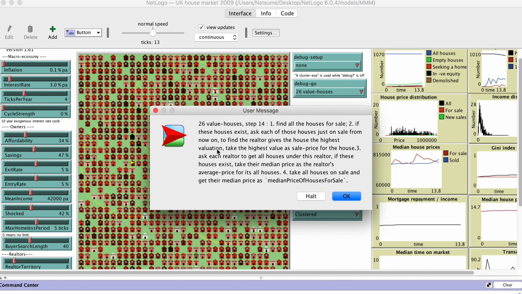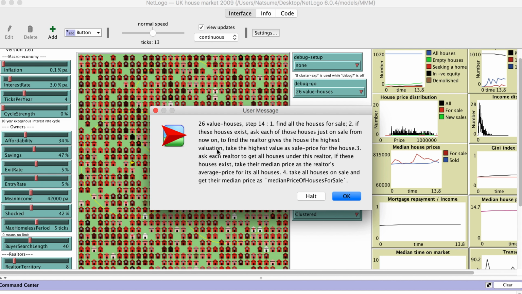Those newly built houses which just were put on the market, or previously were not on the market but for some reason the owners decided to sell them just now, probably don't have a sale price. They need to be evaluated, and it's the realtor's job.